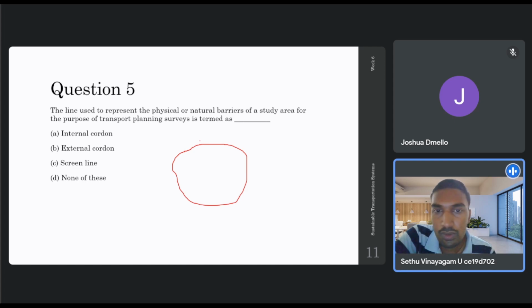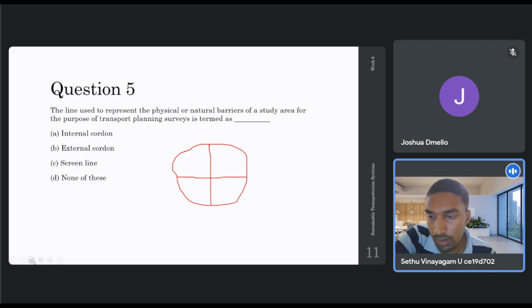So for the ease of the study, we will be trying to divide this region into different zones or different parts. It could be done in any order, based on the purpose of the study, right? So we'll be using some lines to demarcate this into different zones, right?